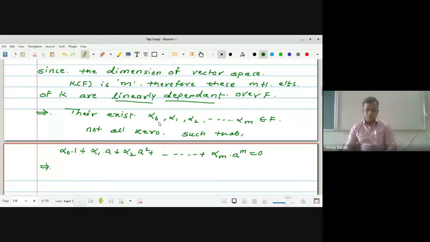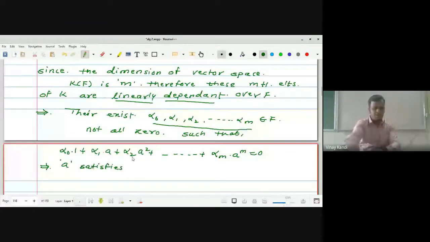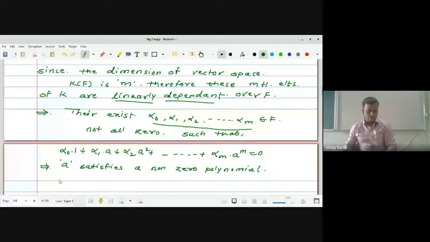Okay, so here A satisfies a non-zero polynomial. Which polynomial? p of x is equal to alpha naught plus alpha 1 x plus alpha 2 x square plus up to alpha m x raised to m.